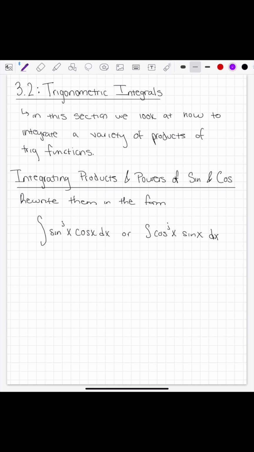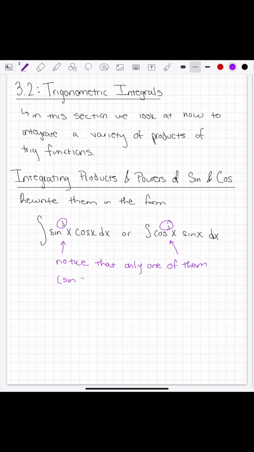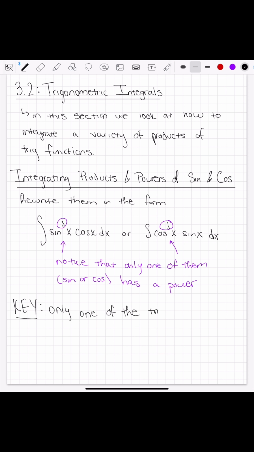The key to notice here is that only one of them, the sine or the cosine, is raised to a power. That is the key strategy in this section: for only one of the trig functions to be raised to a power.